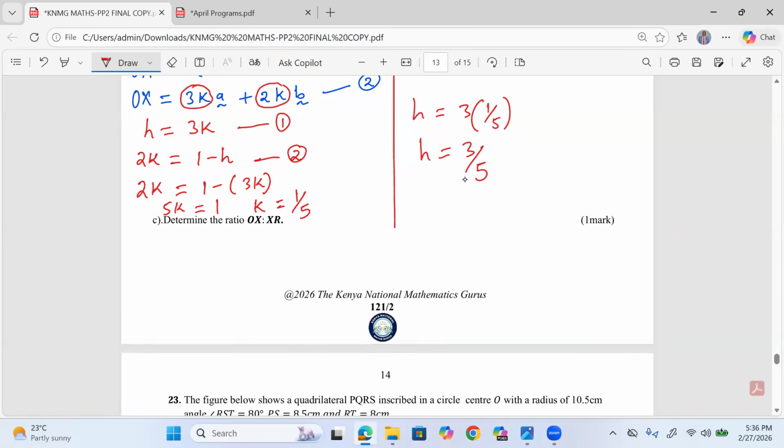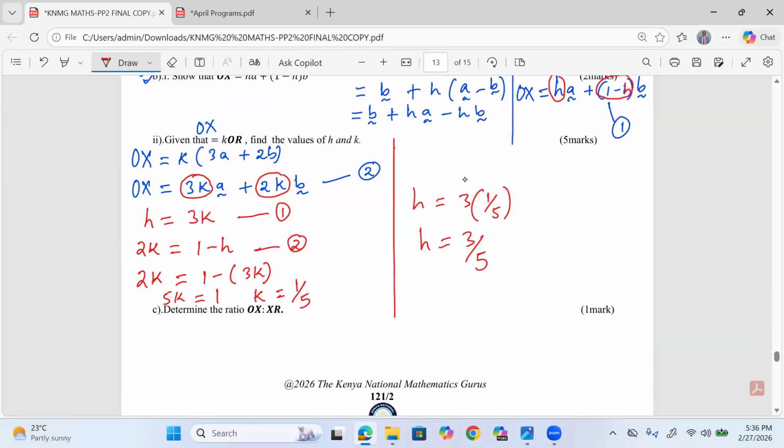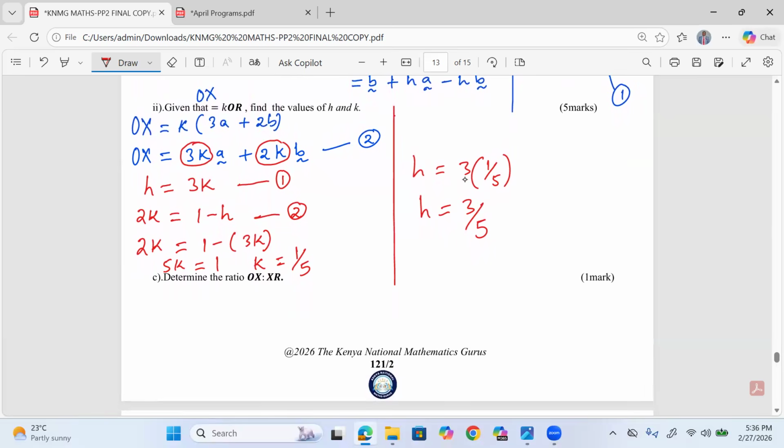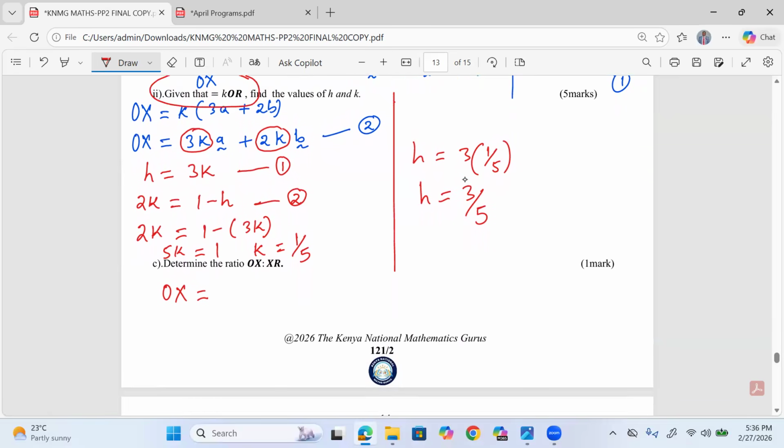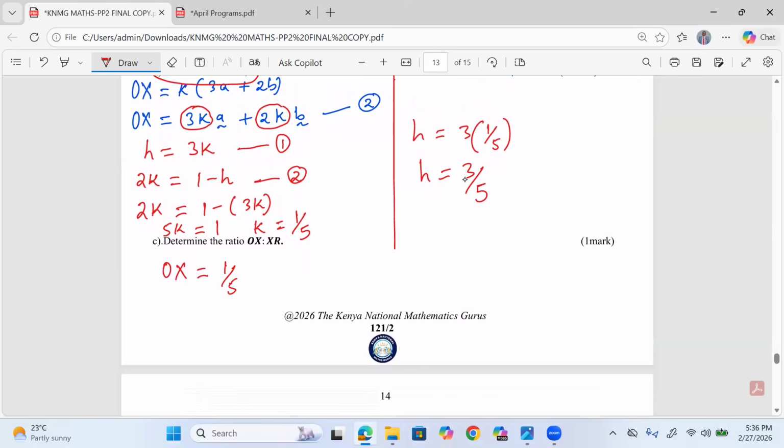Part C, we read it. Determine the ratio OX to XR. We've been told that OX equals 1 over 5 of OR.